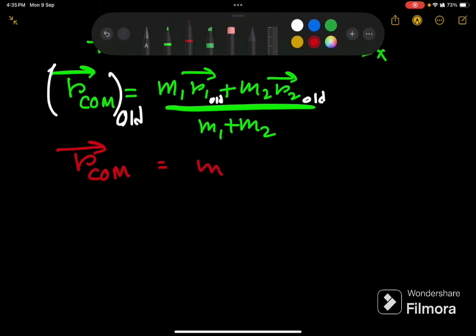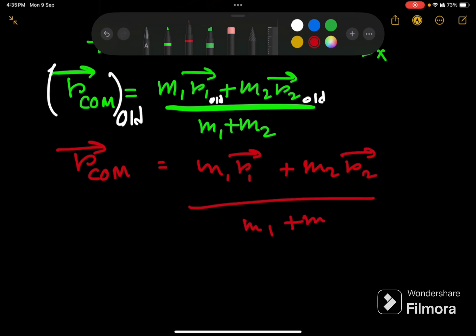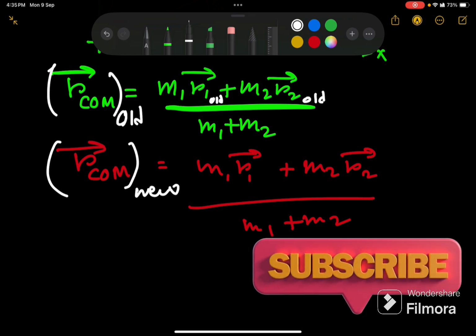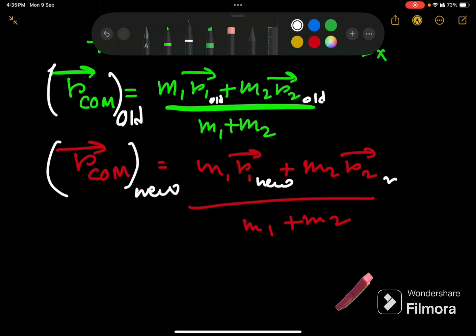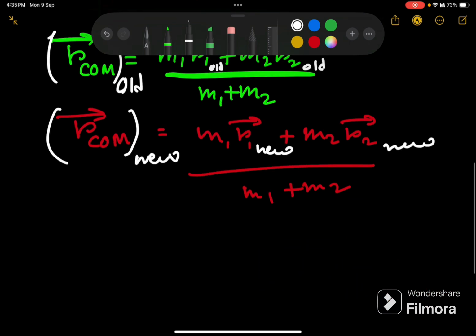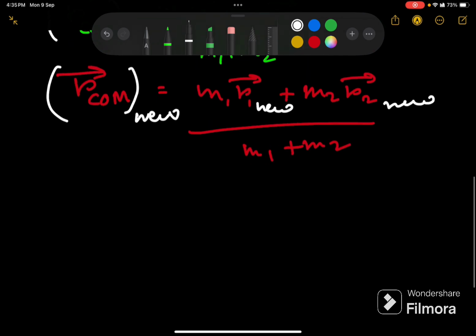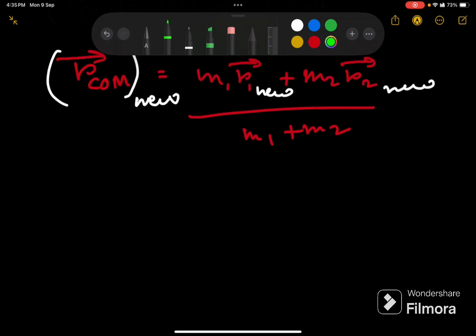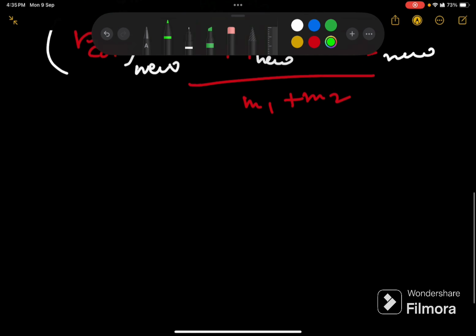R center of mass equals m1 r1 plus m2 r2 by m1 plus m2. Now this is new, like the final and initial. So there is change in position, right? What does change in position look like? It's displacement, right?